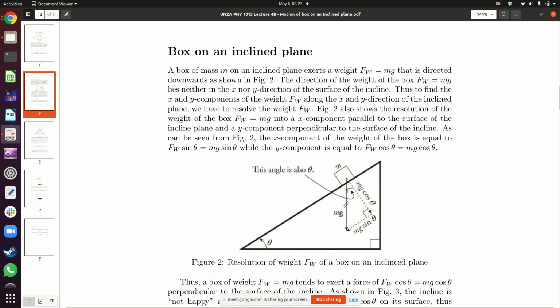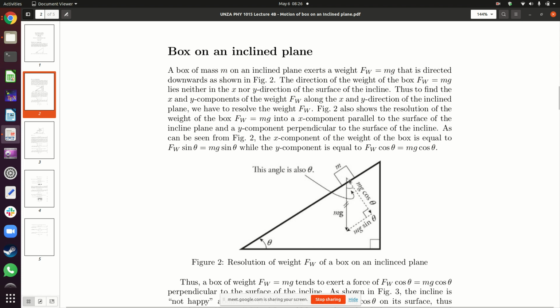So we make another choice: above the incline will be our positive y-axis, and below the incline will be our negative y-axis. So with the positive x-axis downwards, the negative x-axis upwards, the positive y-axis above the incline and the negative y-axis below the incline, our xy plane is complete.